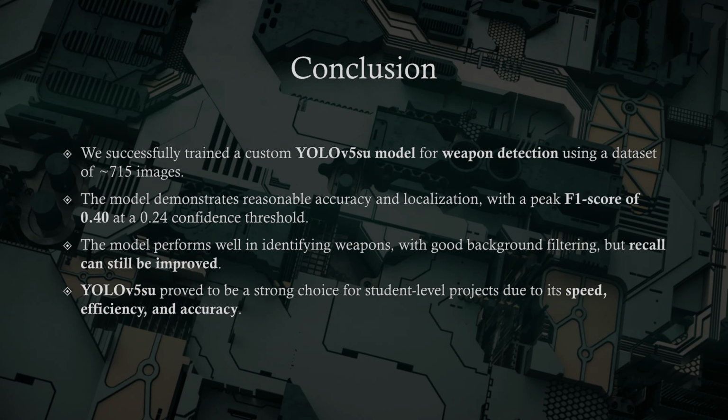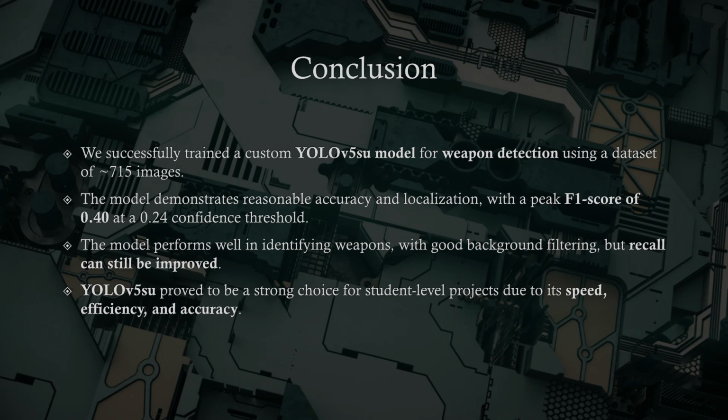I need to say that there is still work to be done. The model misses many weapons. We need to improve the recall, collect more diverse training data, and fine-tune the model further. Overall, YOLO v5 has proven to be a great choice for real-time weapon detection at the student project level.